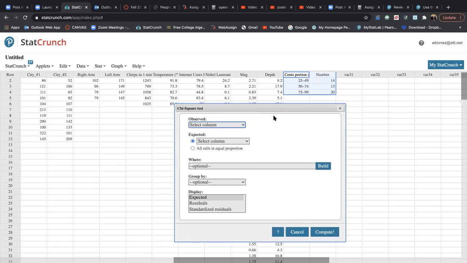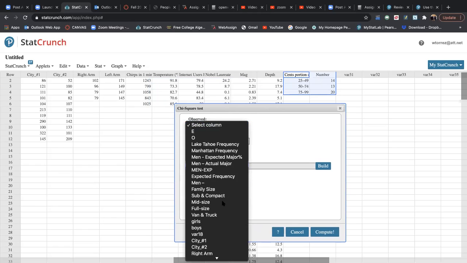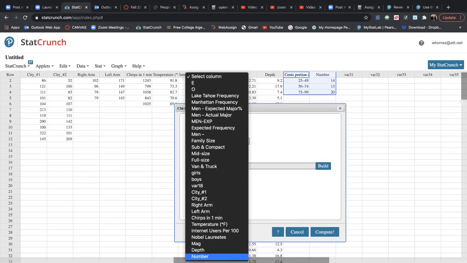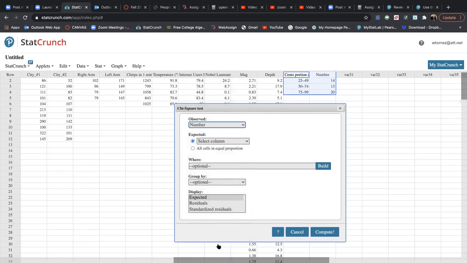And we'll look at our observed counts, right? And then we'll assume our test is that they're equally likely, or that all cells are in equal proportion of 25% per cell.